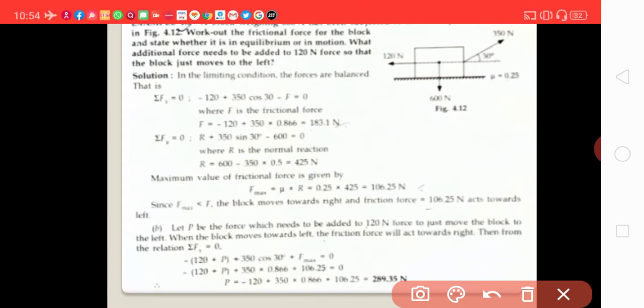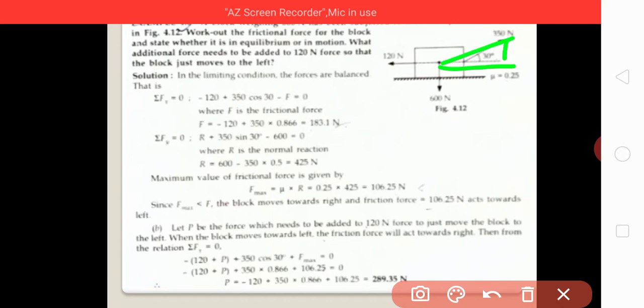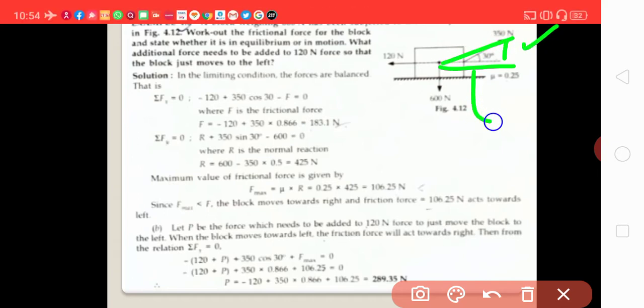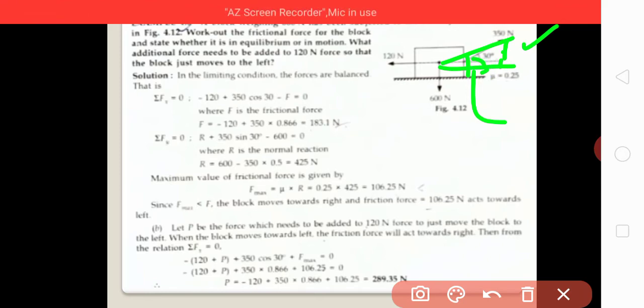This force will have two components, this is your sine component, this is your cos component. This angle is 30 degrees. So minus 120 plus 350 cos 30 minus F. F is the frictional force.